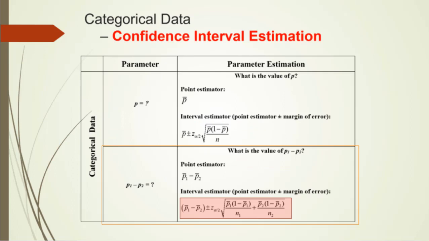For part B, we would be using the formula on the table to build a 95% confidence interval. Again, it is the point estimate which we just found in part A, that is 3%, plus minus the margin of error. The multiplier here is a z multiplier right out from the z table.